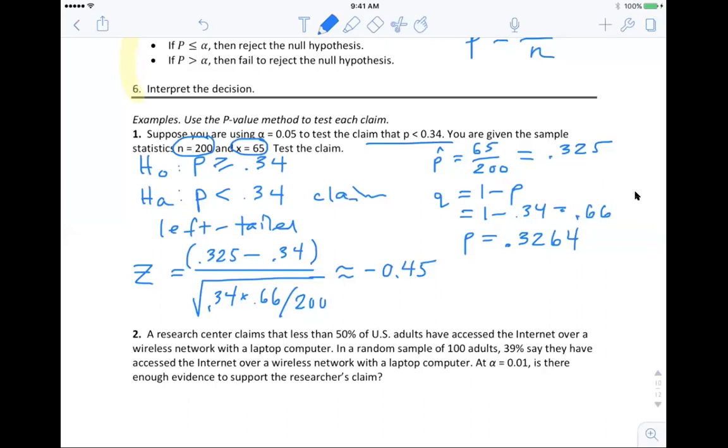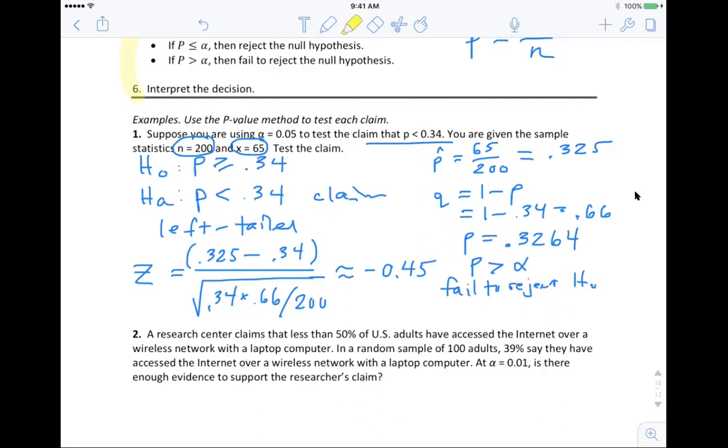So obviously this p is larger than alpha, right? P larger than alpha. And when that happens, it's always fail to reject H sub 0. If P was smaller, you would reject H sub 0. So we have a fail to reject H sub 0.